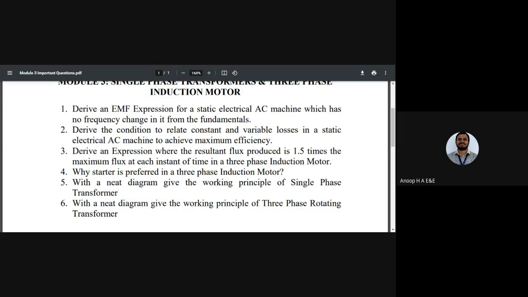I can write these EMFs as E1 equals 4.44 into f into phi m into N1. That is what the derivation is all about. So we have to derive.